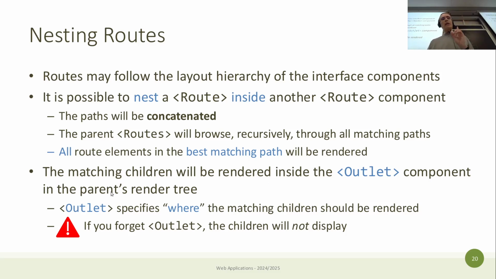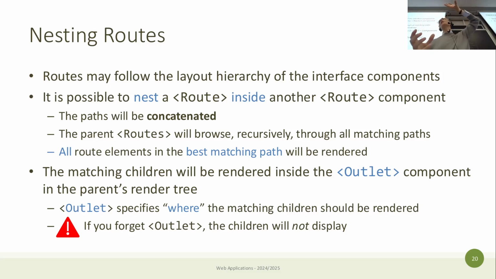And a second thing, the matching children will be rendered inside the outlet component in the parent's render tree, okay? So basically you have two parts now. The wrapping part, that's the outside route, and the nested one, that is the inside one. So which one do you render? Well, actually you render both.